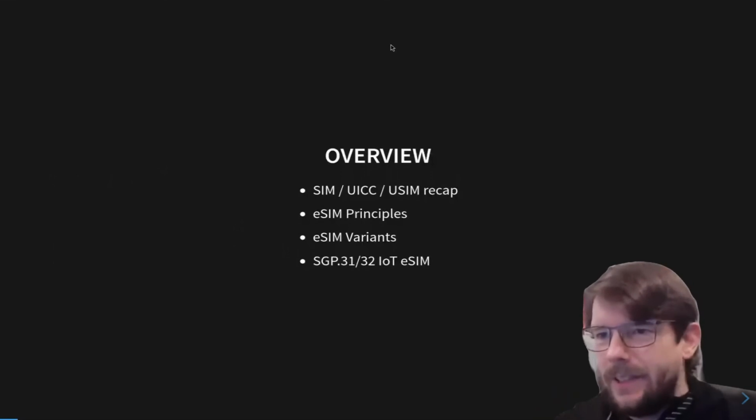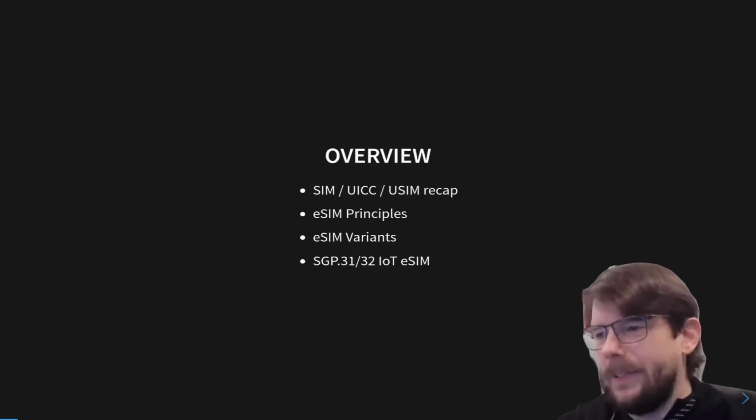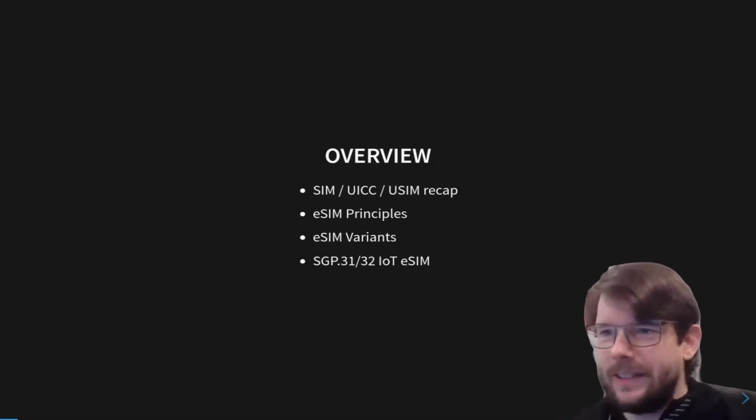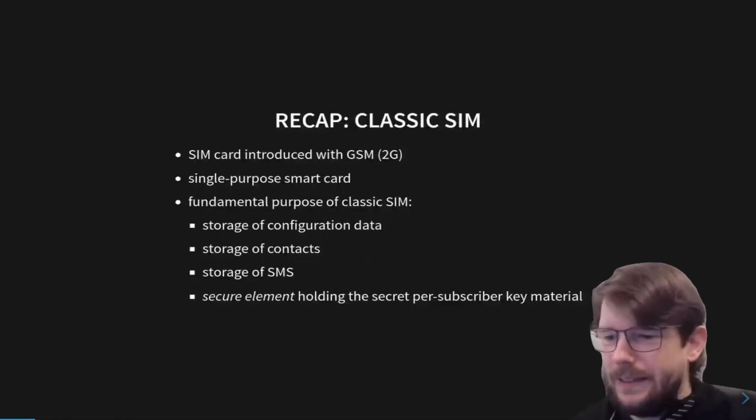So I have a couple of slides through which I'm trying to get relatively quickly, because they just recap the consumer eSIM to remind us about the background. If you want to revisit those later, there were other talks that cover this in more detail, but as I said, a very quick reminder. A classic SIM card was introduced in the 2G GSM cellular system, first deployed in 1991.